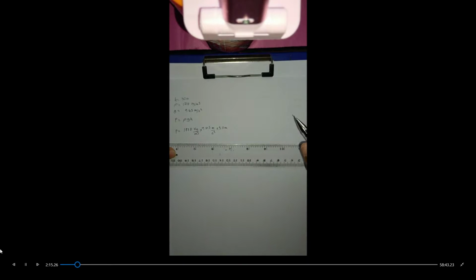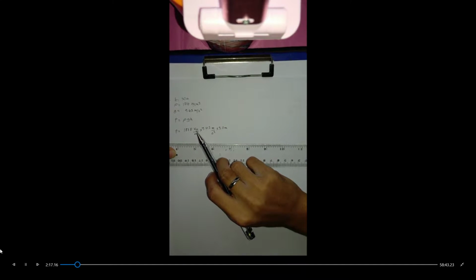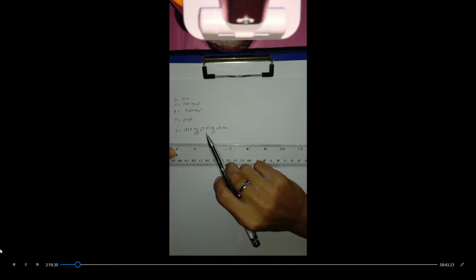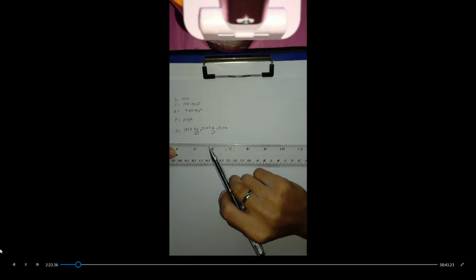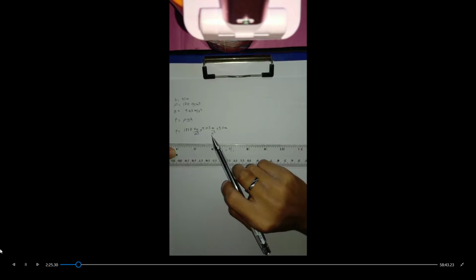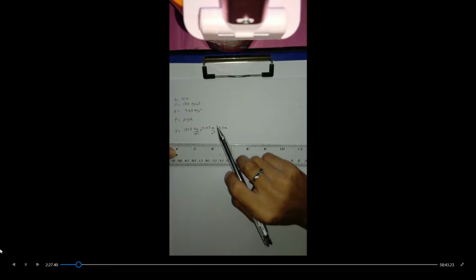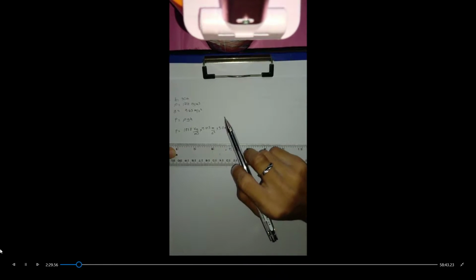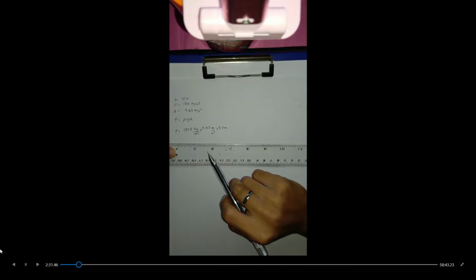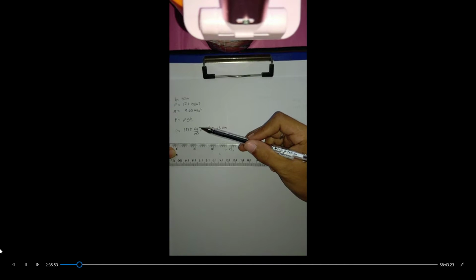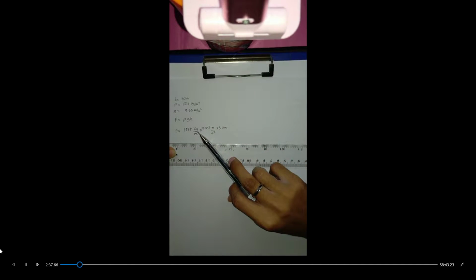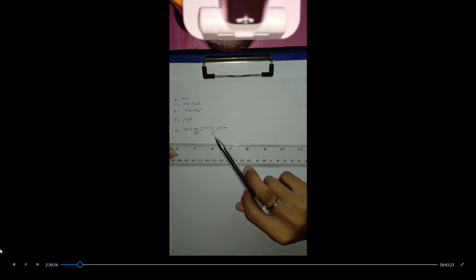The unit for pressure is either Newton per meter squared, kilonewton per meter squared, or in the English system, pound force per inch squared or pound force per feet squared. In order to create a unit of Newton, we need a unit of kilogram, a unit of distance, and a unit of time.